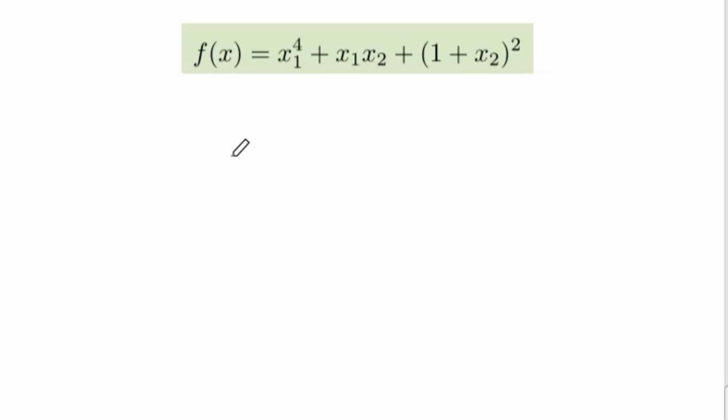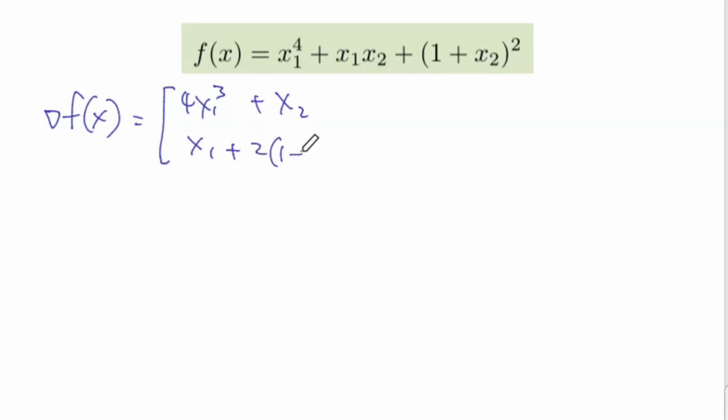Because the steepest descent method needs the gradient, the gradient of this one is: derivative over s1, 4s1 cubed plus 4s2, and then this is 0 because there is no s1 here. Derivative over s2, this is 0, this is s1 plus, this is 2 times 1 plus s2.